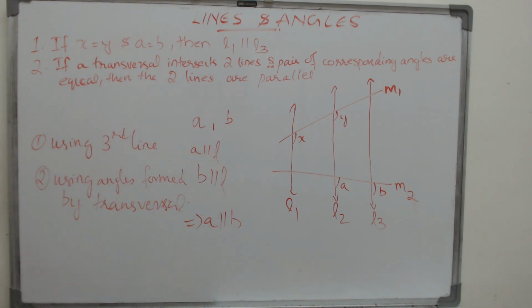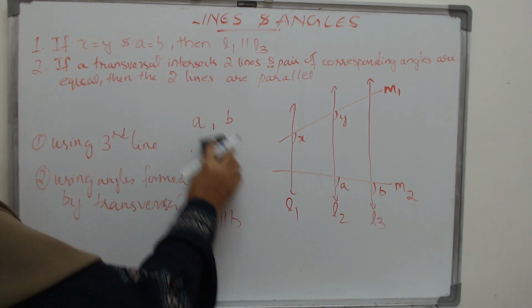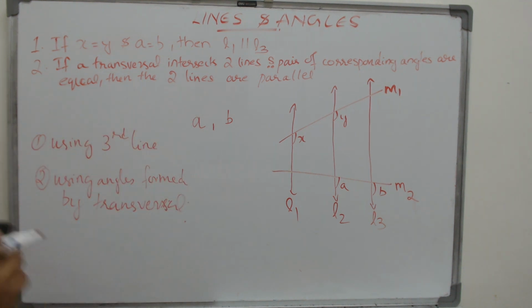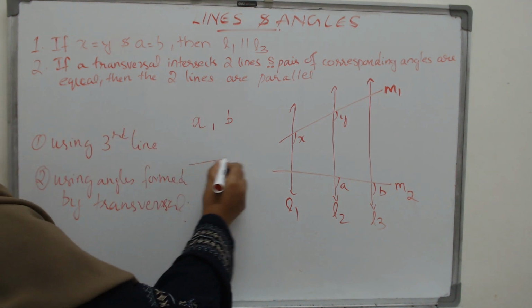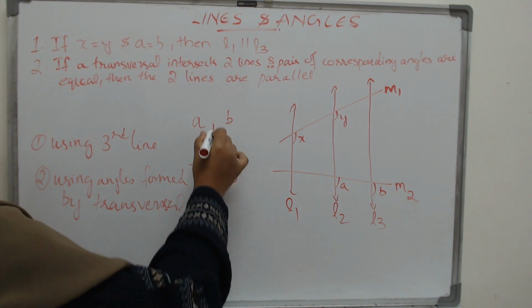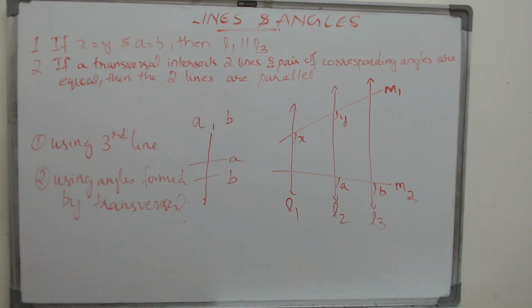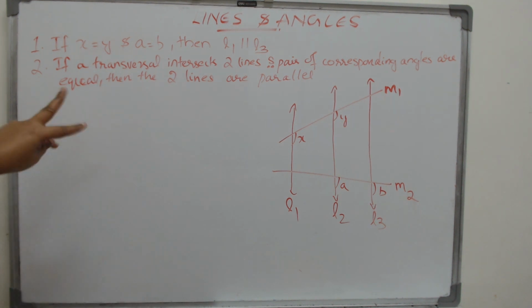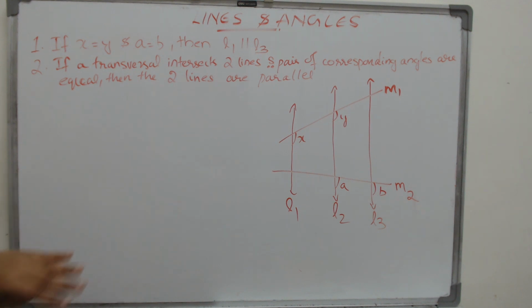Another way is to take the two lines that you are given, consider a transversal and show that two corresponding angles are equal, or two alternate interior angles are equal. So you can prove two lines are parallel using either of these two methods.